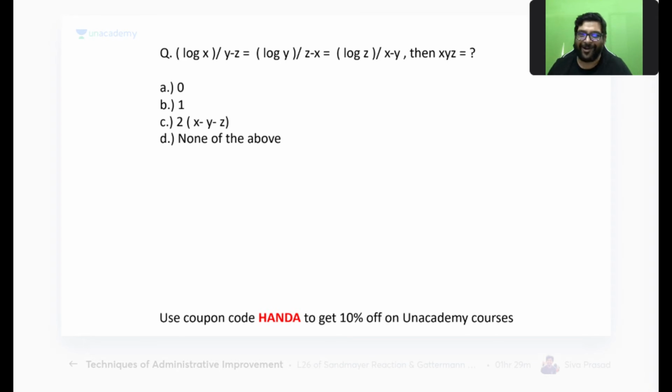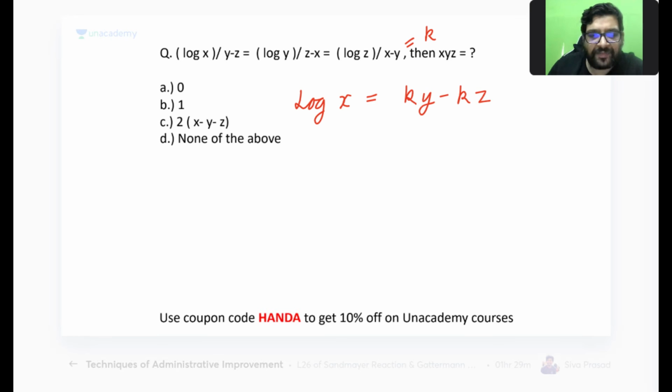You can't simply cancel all log, Manu. It's not a variable that you can just cancel, so that will not work. What you do is you assume that these are actually equal to k. Then log x is k(y minus z), which means x is, if there is no base given, you can assume the base as 10.